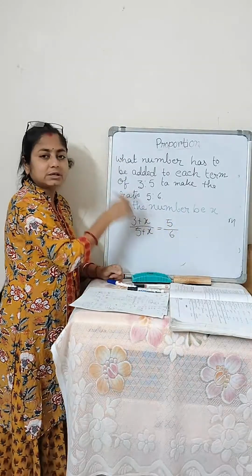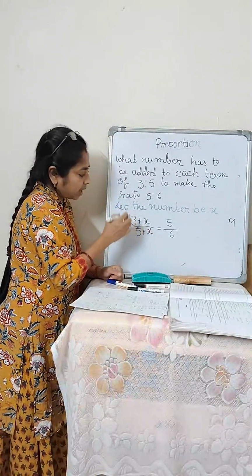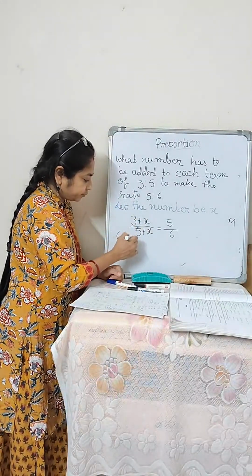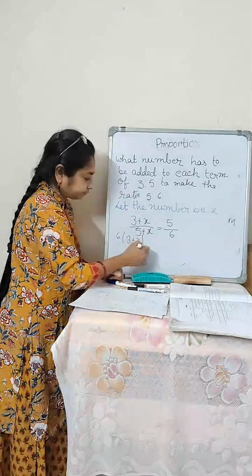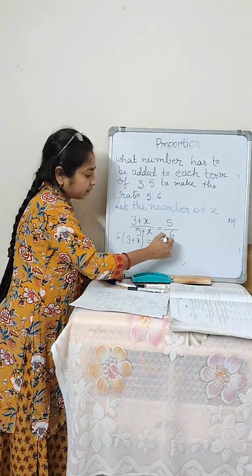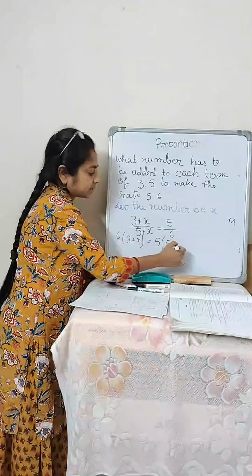Okay. Now just cross multiplication. I do it 6 into 3 plus x, 5 into 5 plus x.